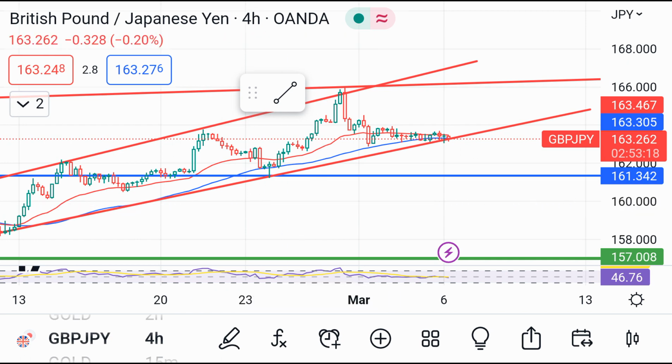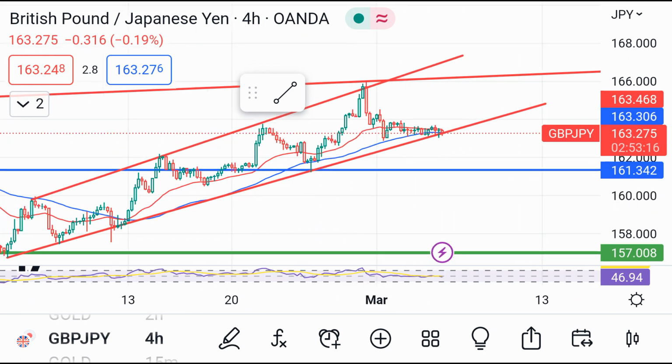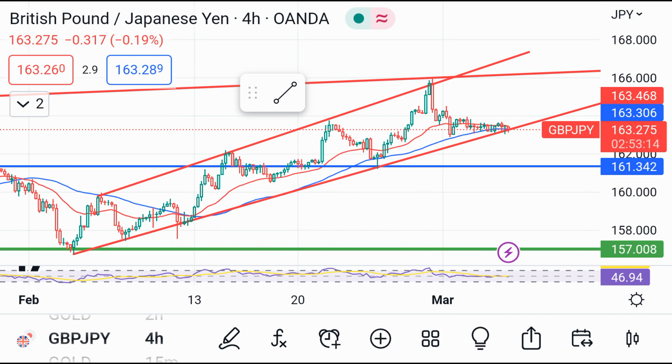So you can see clearly GBPJPY is moving in an uptrend. You can see it tested the upward trend line 1, 2, 3, 4, and then it has now tested the bottom trend line.